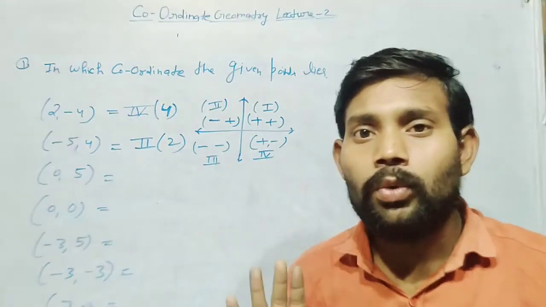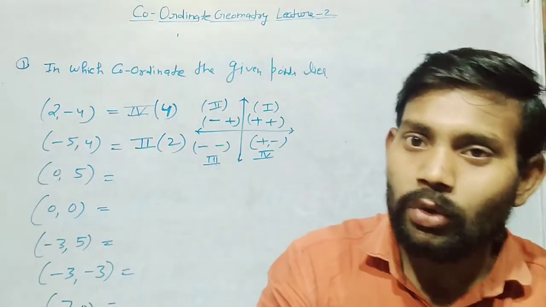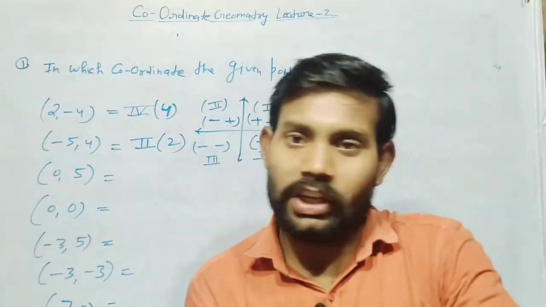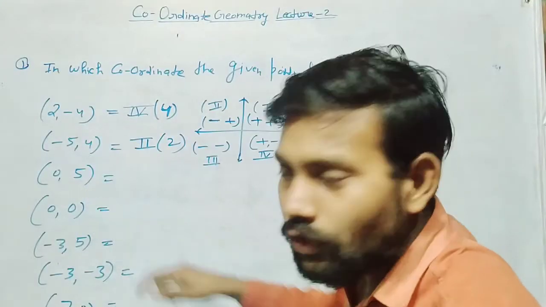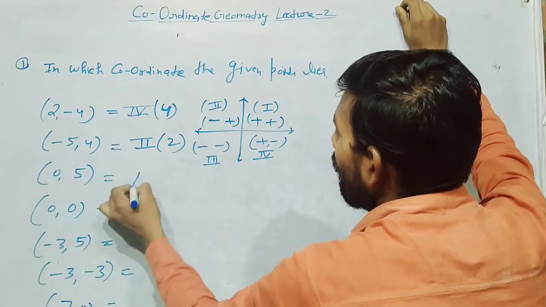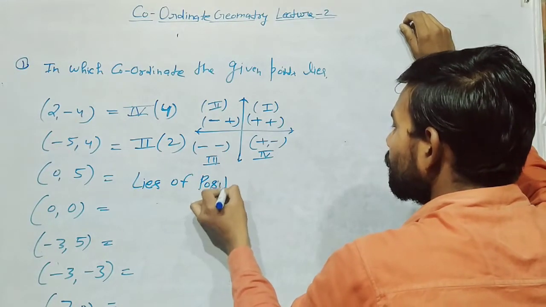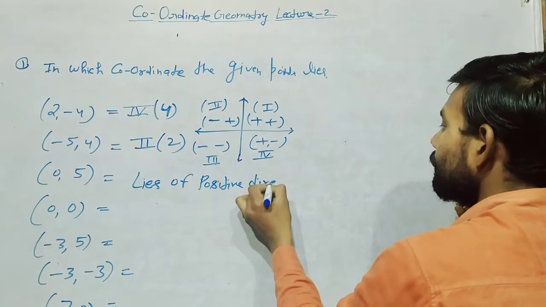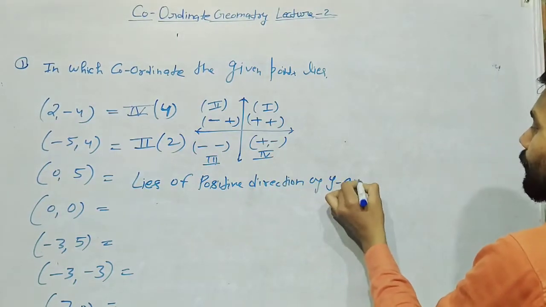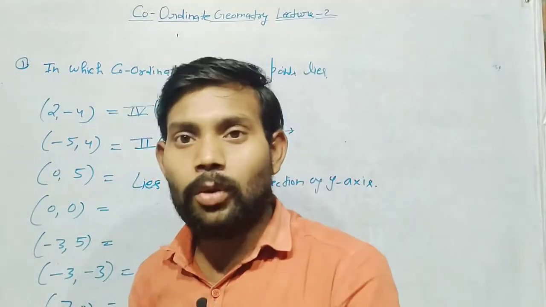Next, (0, 5). If x is equal to 0, then the point lies on the y axis. If y is positive, it is on the positive direction of the y axis, and if y is negative, it is on the negative direction. Here x is 0 and y is positive, so it lies on the positive direction of the y axis. Then (0, 0): x is 0 and y is 0, both are 0.